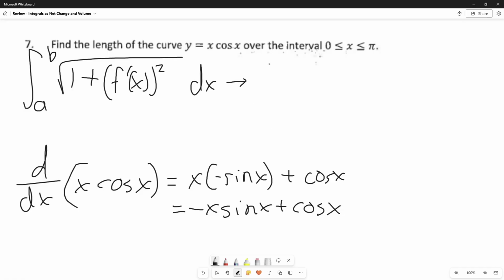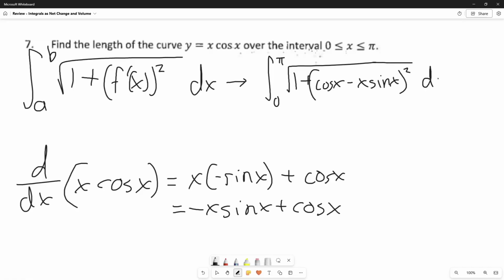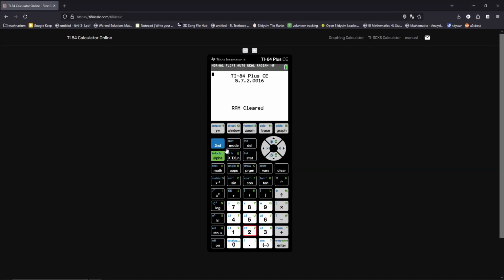So our integral is from 0 to pi of 1 plus cosine x minus x sine x squared dx. And we just put this into our calculator.